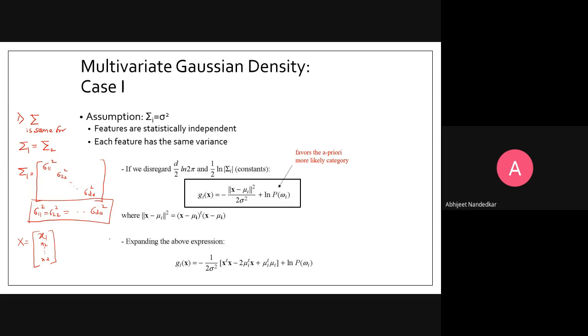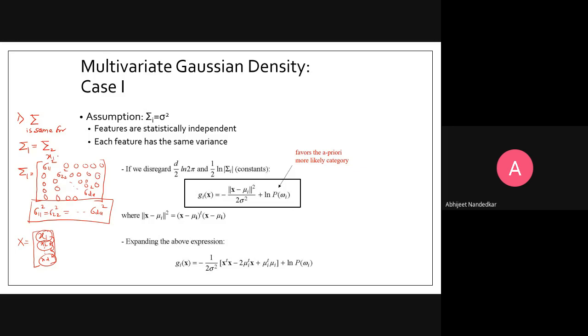But there is no relation between x1 and x2, there is no relation between x2 and x3, and so on. They are all independent. When they are all independent, these off diagonal entries will be 0. That means there is no relation between the two variables.